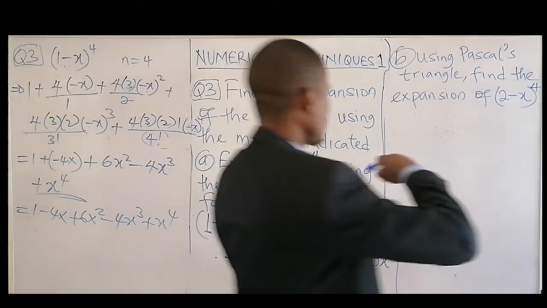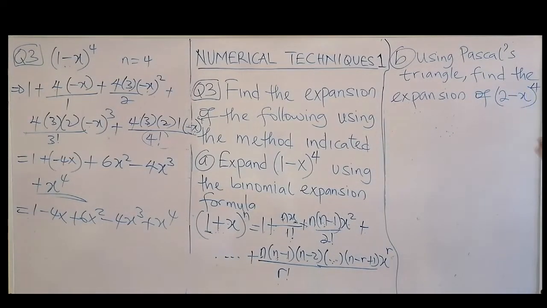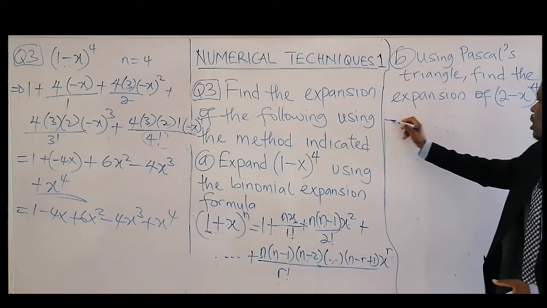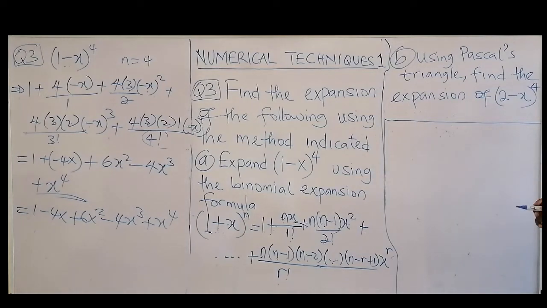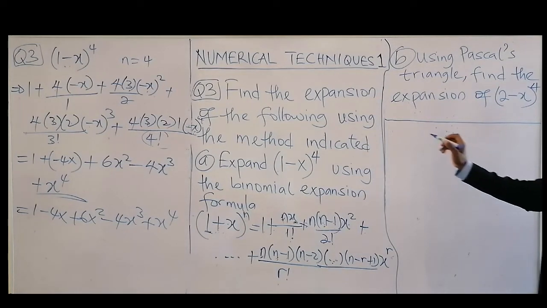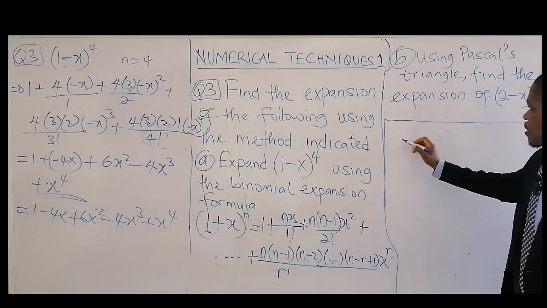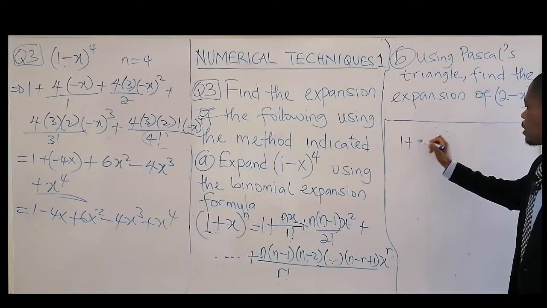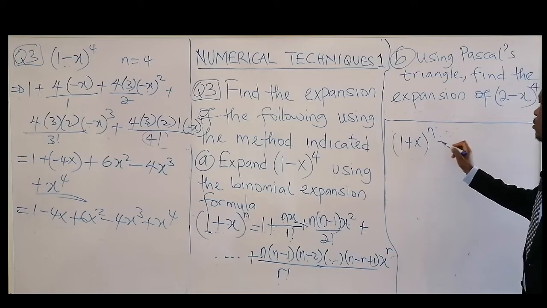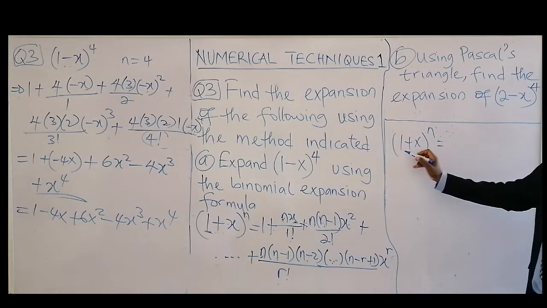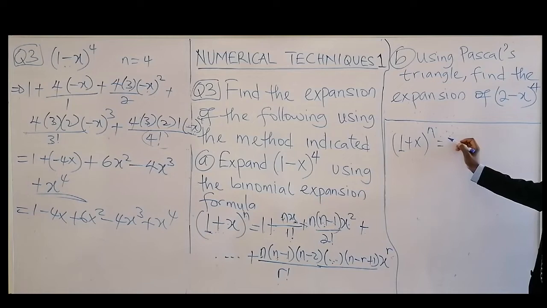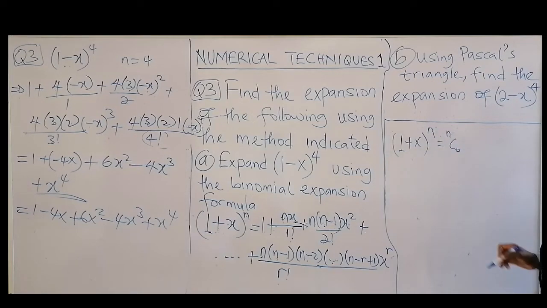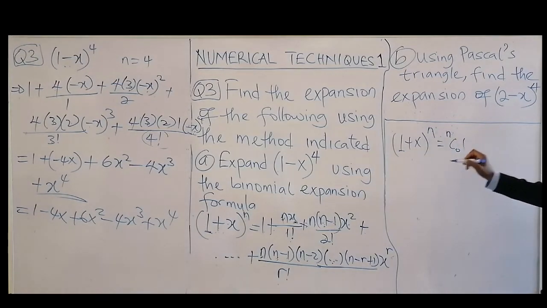For the Pascal triangle, using Pascal triangle, that one is simple. What we do is that we must be aware that from Pascal triangle, 1 plus x to the power n will give us the first item here. The first one will be equal to n combination 0, 1 to the power n, while the other one will be x to power 0.